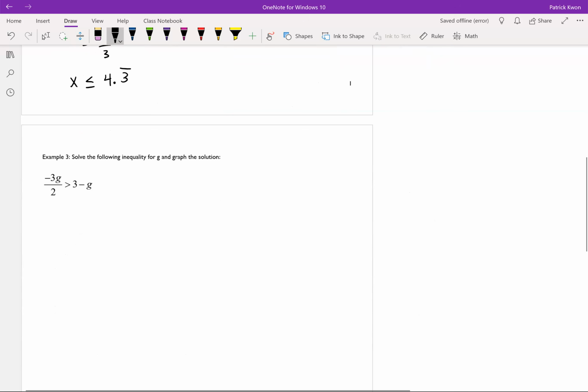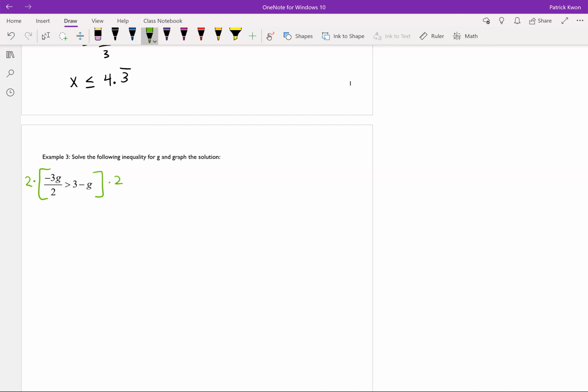All right, let's talk about example 3 now. It says solve the inequality for g and then graph the solution on a number line. So first I want to multiply to get rid of that 2. I want to multiply both sides by 2.